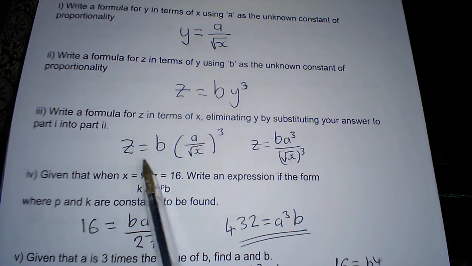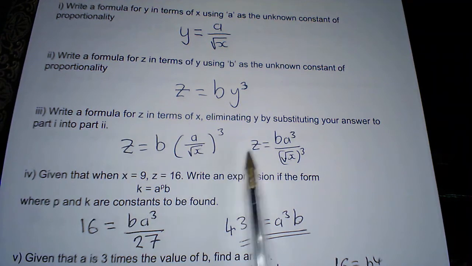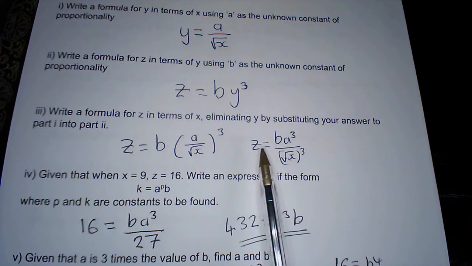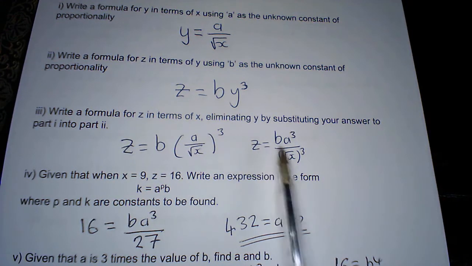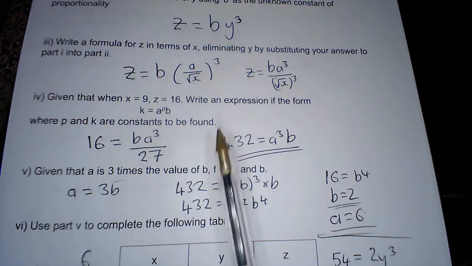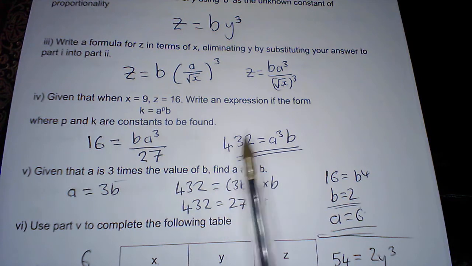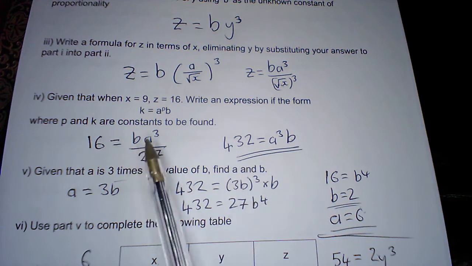We've combined them here to get a formula in terms of x for z. Here we've found k. What is k in terms of those?